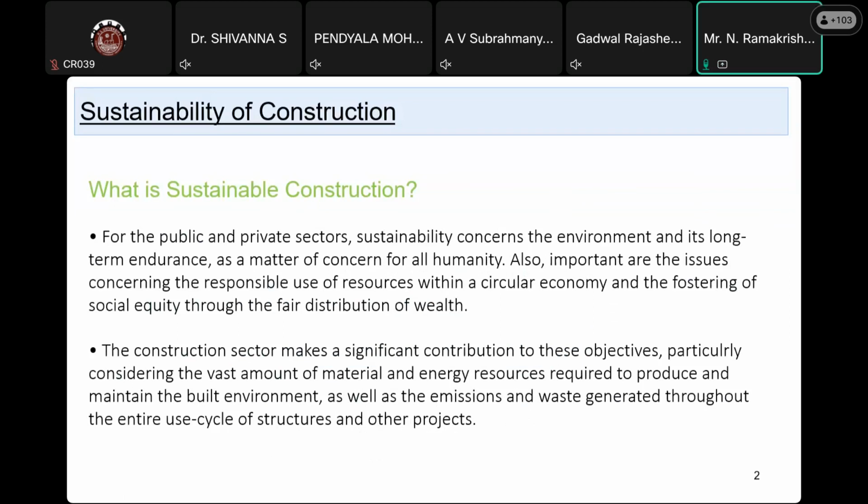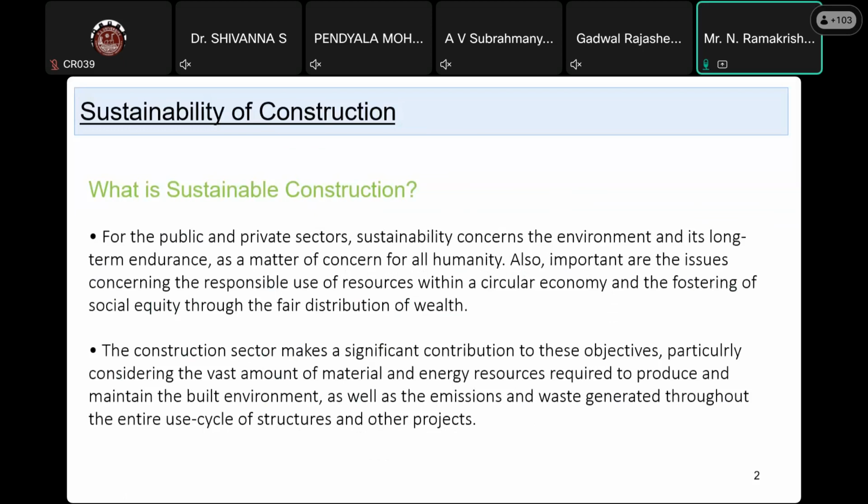It can hold for different industries, but we are more worried about construction sustainability. What are the resources connected to construction? Not to overuse them, not to waste them, and to pass on the resources to the next generation is what we call sustainability.